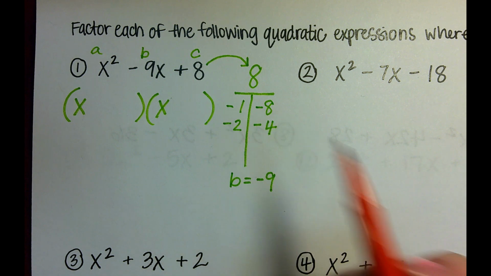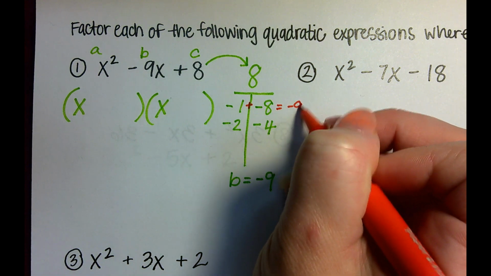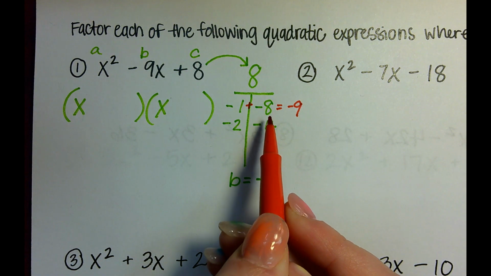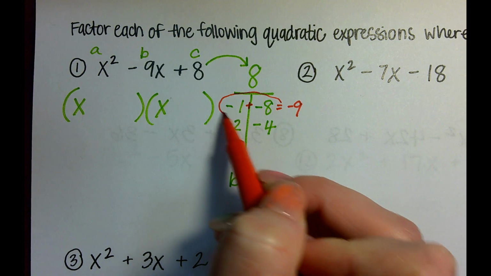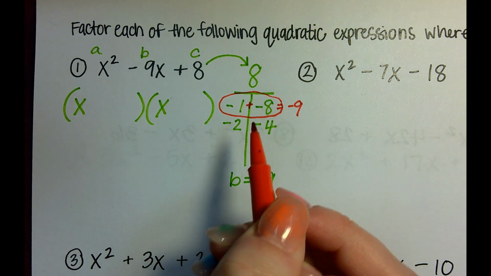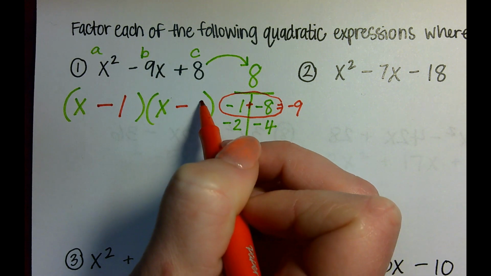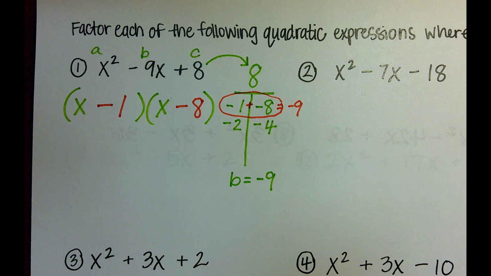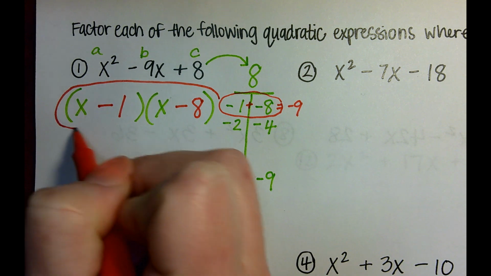What is -1 plus -8? -9. And on the first try, we have our numbers. So, since -1 plus -8 equal -9, what do we do with these numbers? Plug them in. -1 minus 8. And that's our answer. We're done. So we'll circle it.